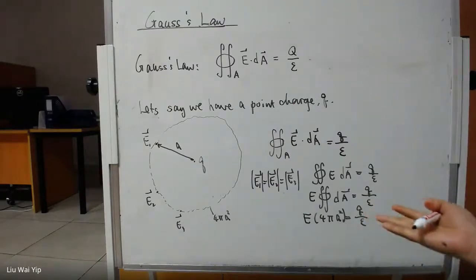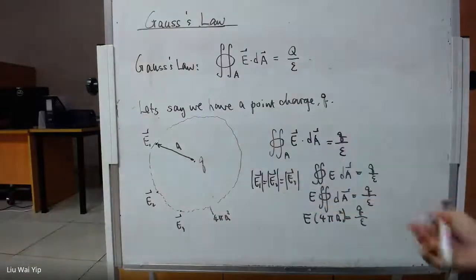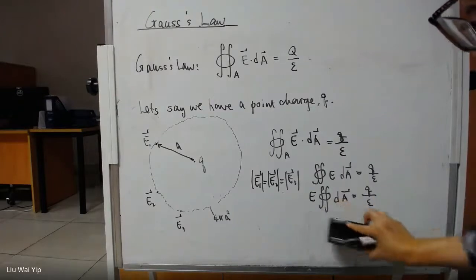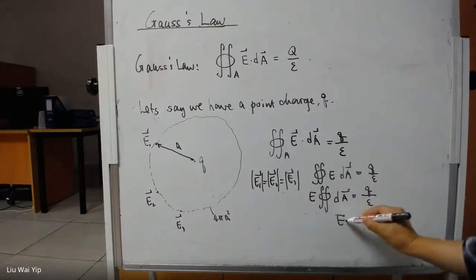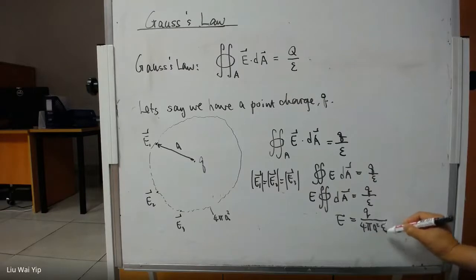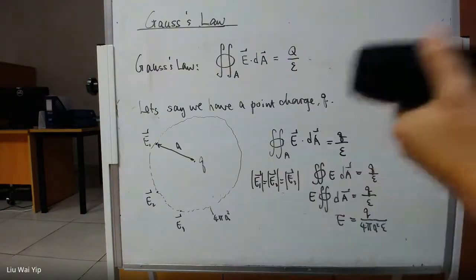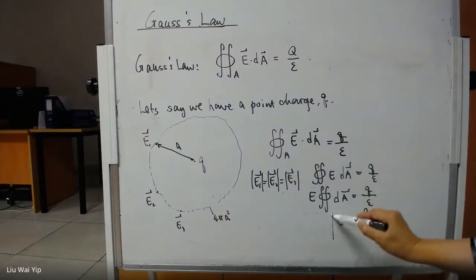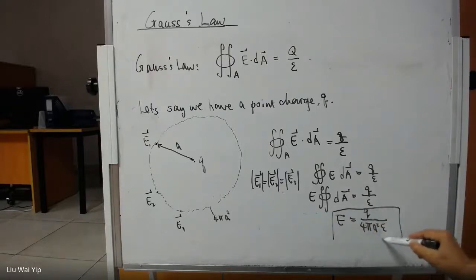There is no reason why you cannot simplify it further. In this case, the electric field equals Q over 4 pi a squared epsilon, which is exactly the same as Coulomb's law. Coulomb's law is also in this form. So here we have managed to use Gauss's law to prove the original Coulomb's law.